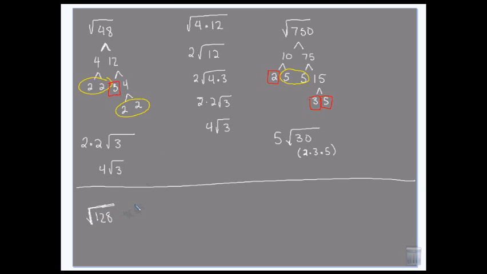But if you don't see it, then the factor tree will help you. 128, 2 times 64, which is 8 and 8, which is the perfect square. But see, you can go sideways if you don't like the space that they take up down the paper. You can go sideways across. Right? So 8 times the square root of 2.